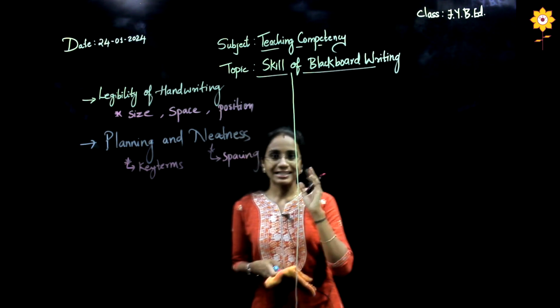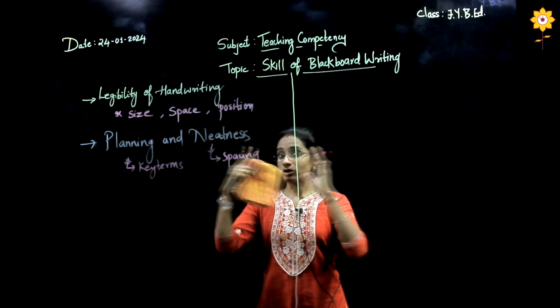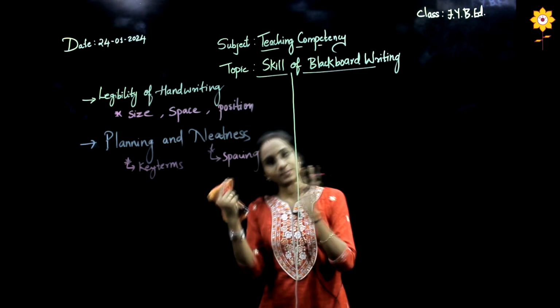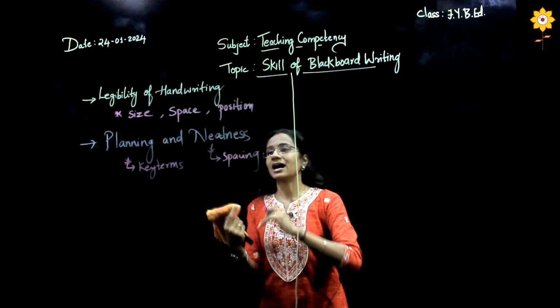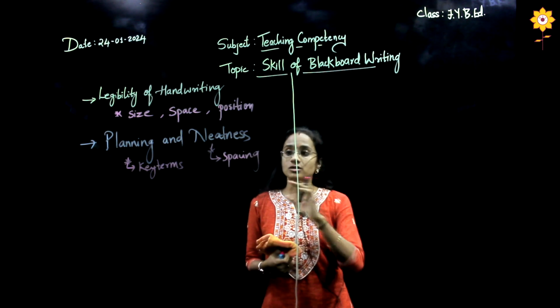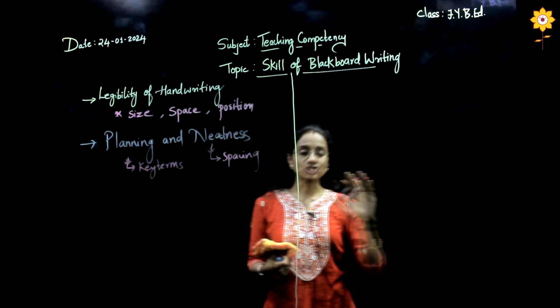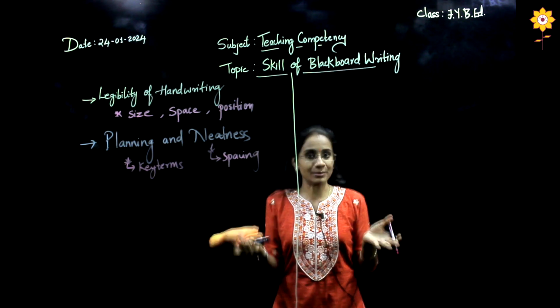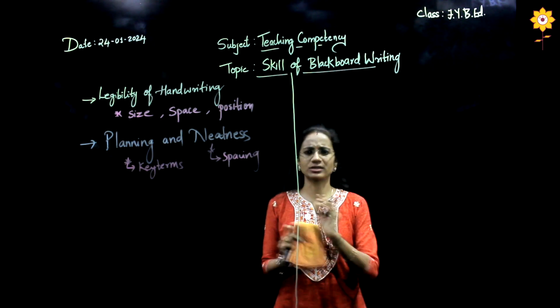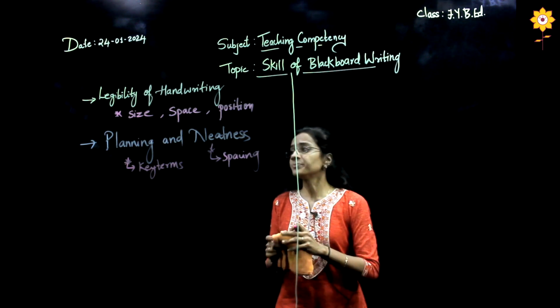So after planning and neatness, planning is important so that all the key terms or the important concepts come on the board, and then neatness shows that the content written on the board is in a visually appealing manner and it is clear with clarity so that there is no confusion, okay?